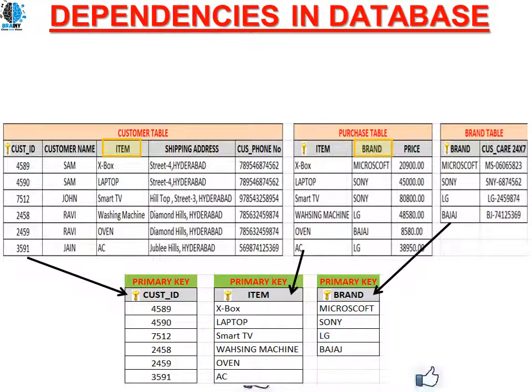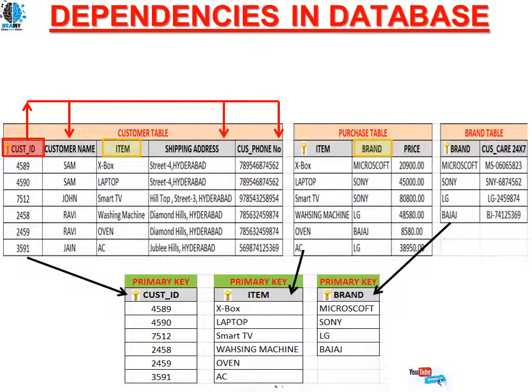Customer ID is one attribute and it is a prime attribute, a primary key field. So this field is going to determine the different fields or the different attributes in the table. So how many different attributes is this customer ID going to determine? Customer ID is going to determine the customer name, shipping address and customer phone number.